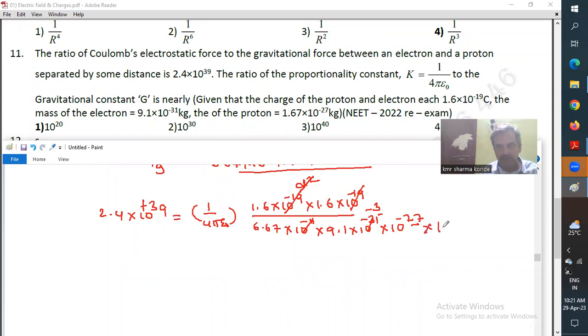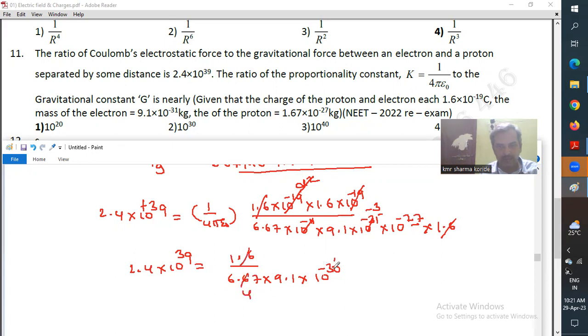There is one more 1.6 here, 1.6, 1.6 get cancelled. Then 2.4 into 10 to the power of 39 is equal to 1.6 divided by 6.67 with the 9.1, and this is going to be minus 30, 10 to the power of. So therefore, this is almost 4 times.